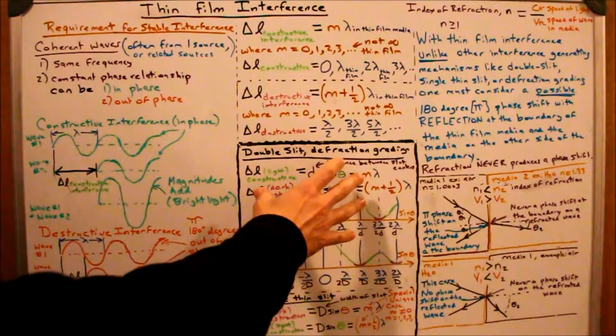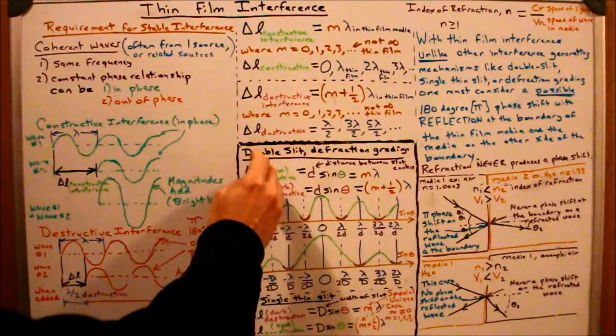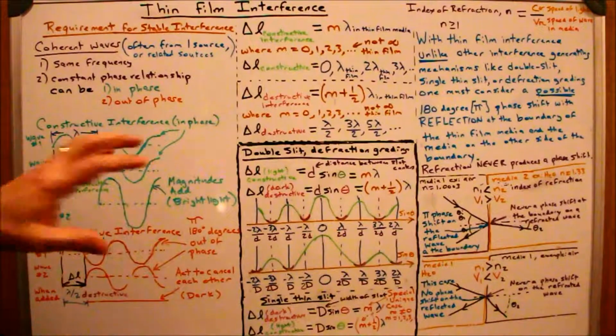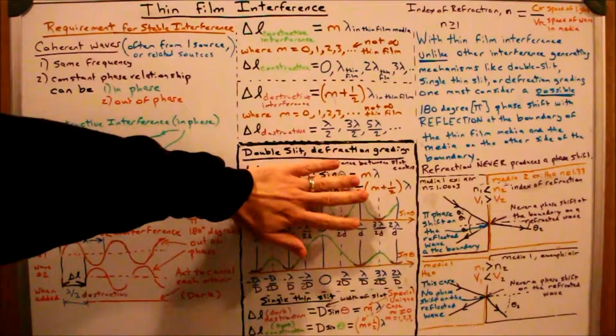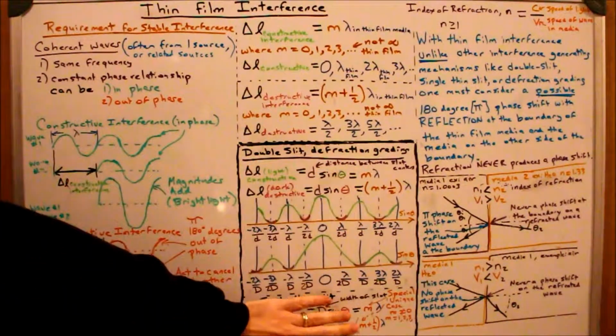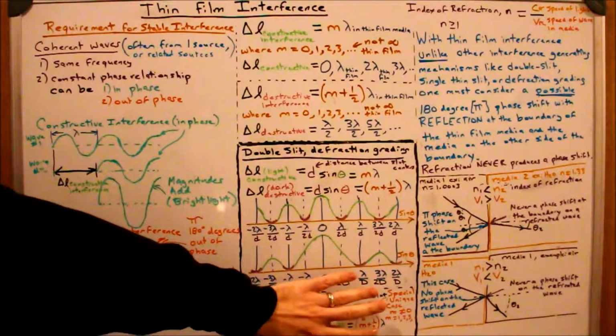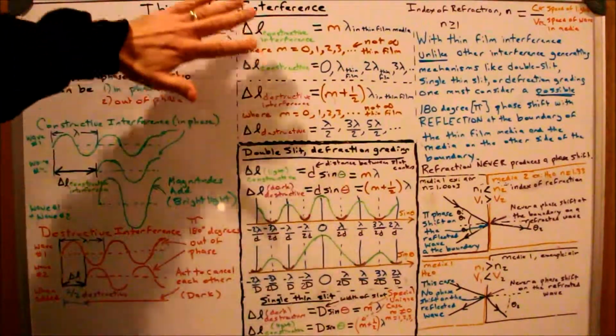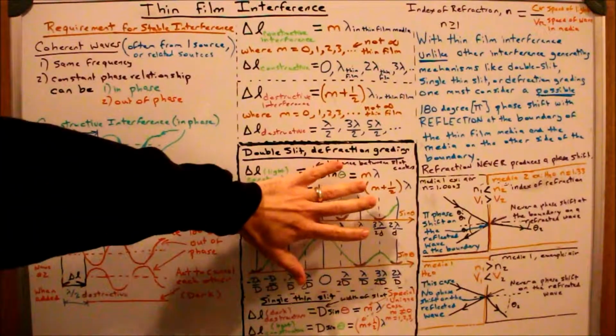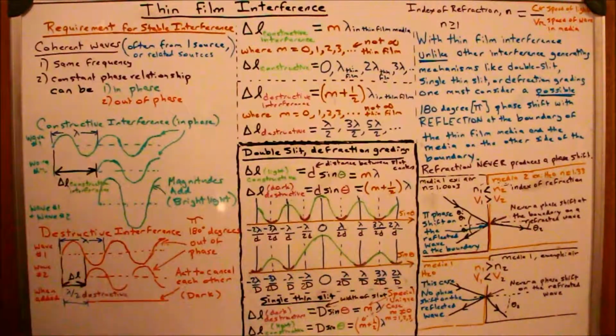The thin film and the double slit are the simplest. Then we'll talk about the single thin slit, which is a little bit unique compared to them. Thin film is kind of like double slit, but with one more layer of complication.